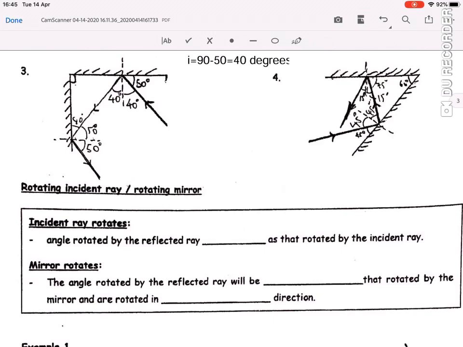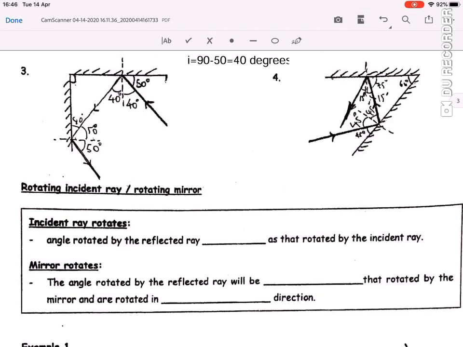So you can compute the first reflection R, that is 40 degrees. That is only the first part. When the reflected light at 40 degrees comes off the top mirror, it will hit the second mirror, which is in the vertical line.